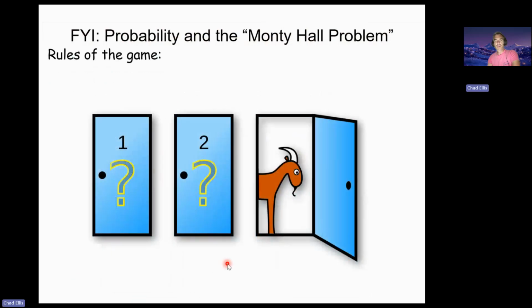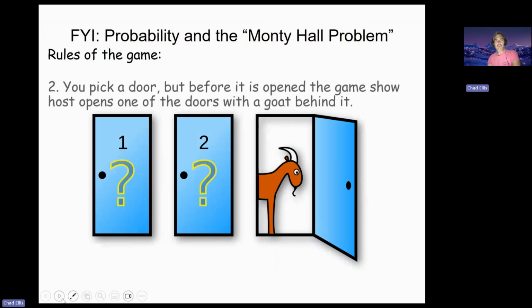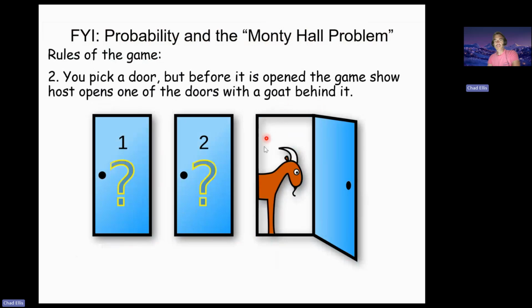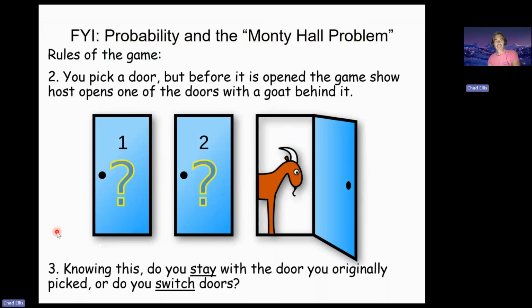You pick 1 door, but then the game show host opens 1 of the doors that you did not pick to reveal a goat behind it. The crux of the game is that, knowing this, do you stay with the initial door you picked, or do you switch to the other door? Is there a difference, or is one choice better than another?